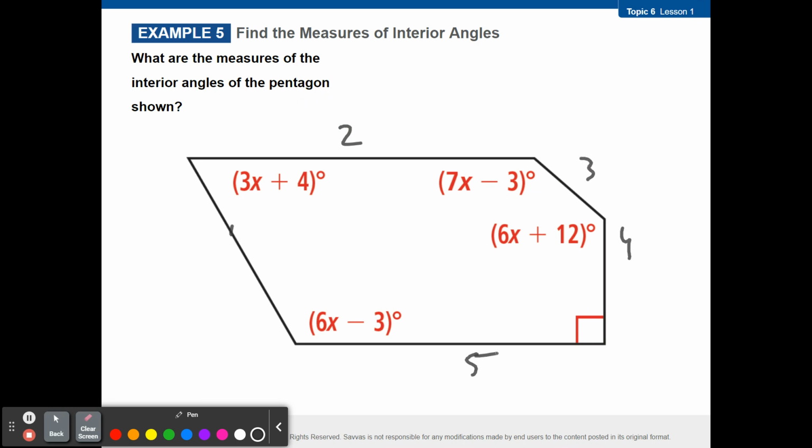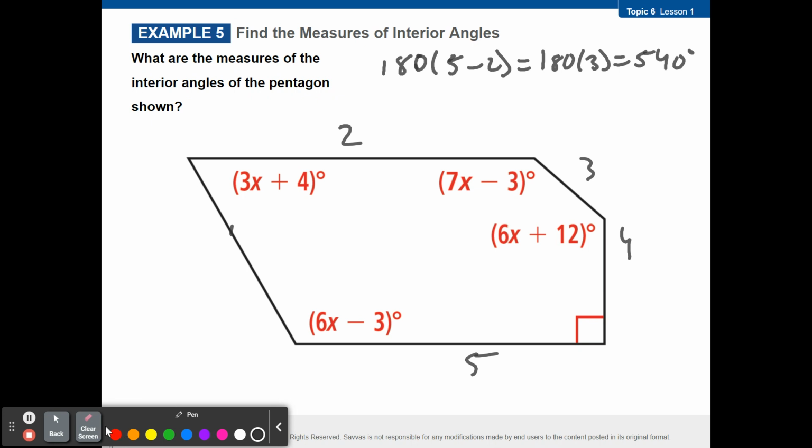So this is going to be 180 times 5 minus 2, which gives us 180 times 3, which is 540 degrees. Everybody with me? All right, so this is 540 degrees.